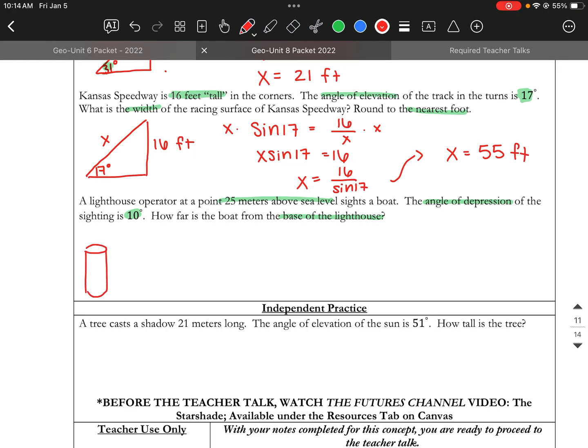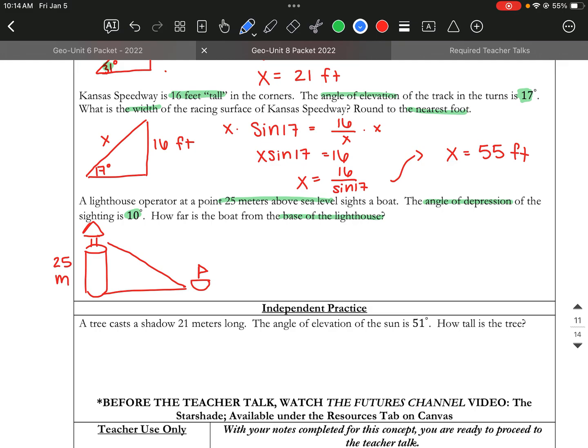It's not going to be a perfect drawing, but it's going to be all right. We have this person in a lighthouse. That lighthouse is 25 meters above the sea level. Someone in our lighthouse sights a boat. They're going to look down and see a boat out here in the water. I'm going to draw a little sailboat out here.